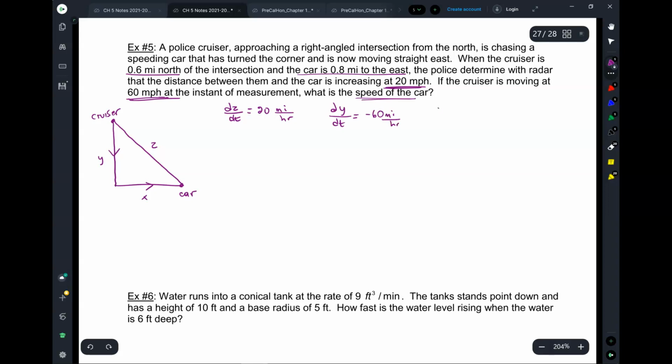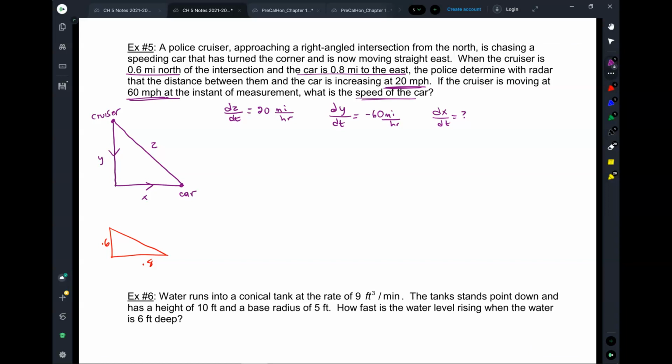What is the speed of the car? What's dx dt? These are all changing because they're in hot pursuit, right? But you freeze frame at the point where this is 0.8, this is 0.6, and then you ask, what's dx dt at that point?